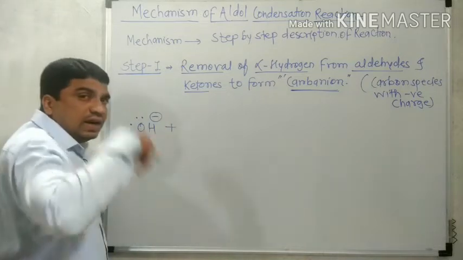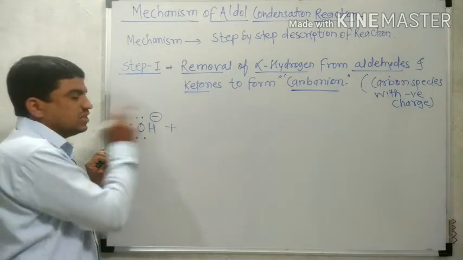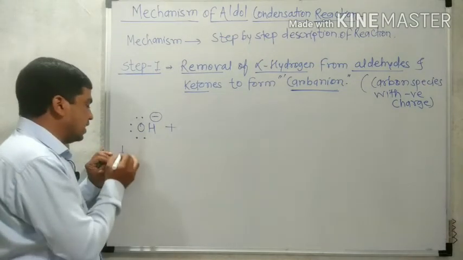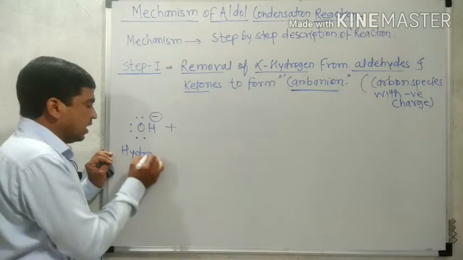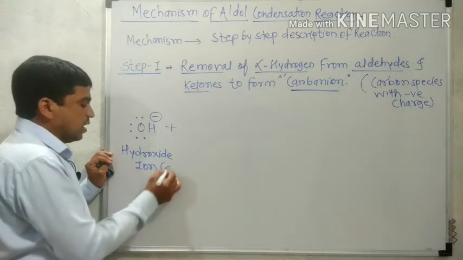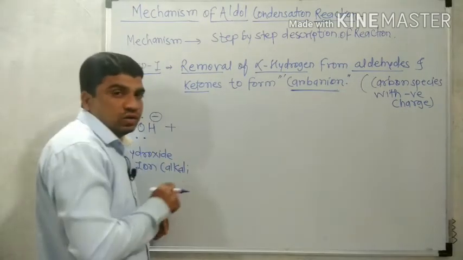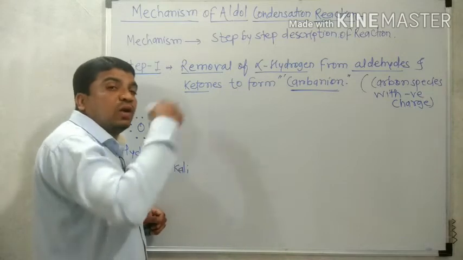When we treat the aldehyde or ketone with alkali, the hydroxide ion produced from the alkali attacks the respective aldehyde or ketone.